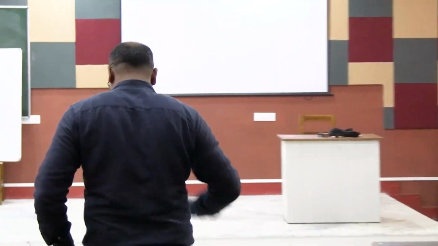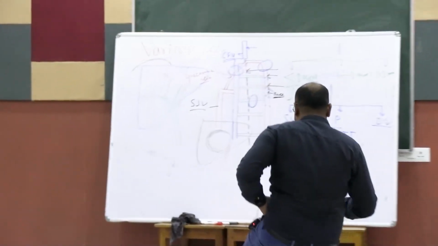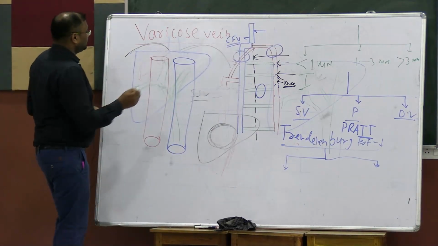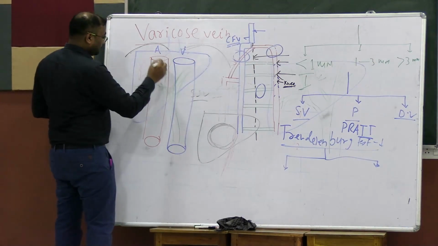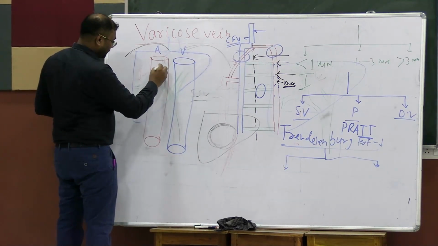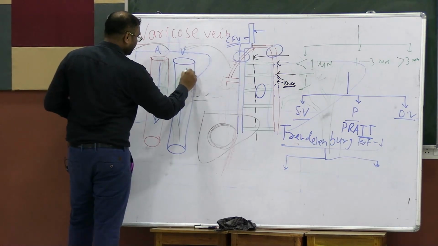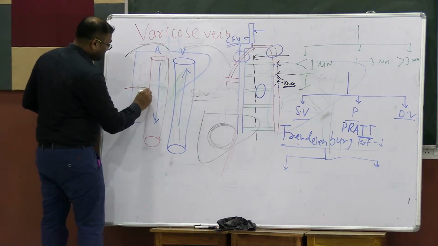Okay. So I want a bit of clarity on this. So this is the arterial system and this is the venous system. In which blood is flowing, suppose like this, and you are placing the probe here.